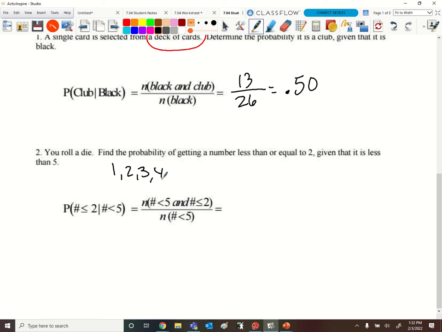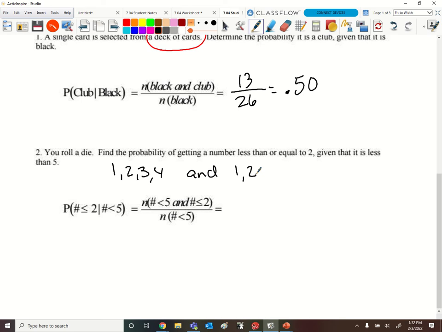So it says and numbers that are less than or equal to 2. 1 and 2, right? So this is the and statement right here.